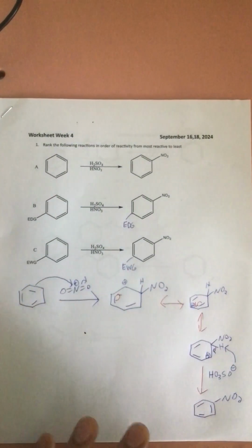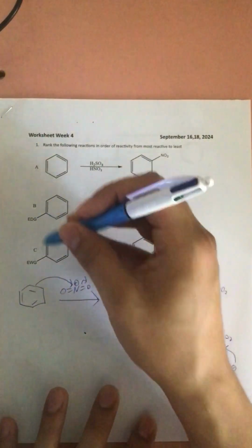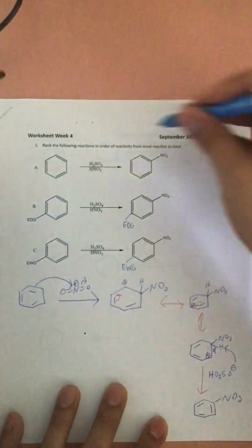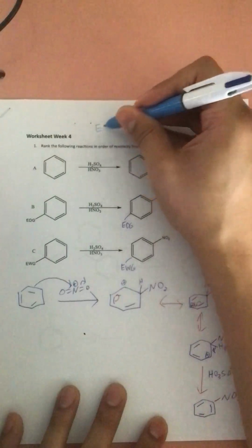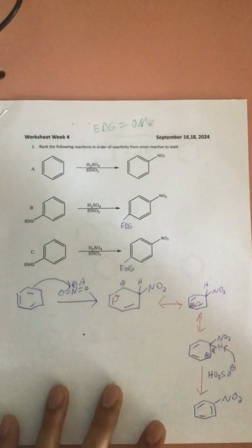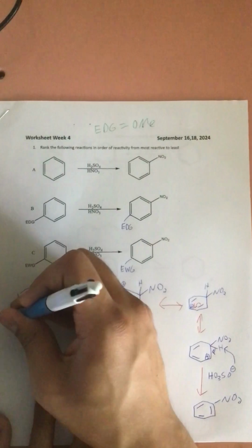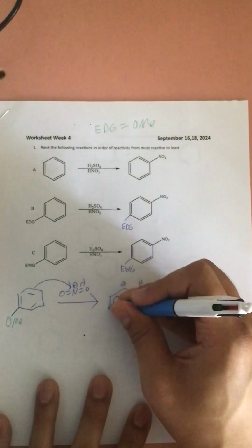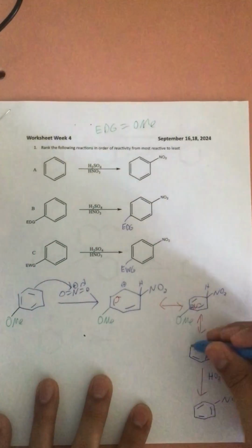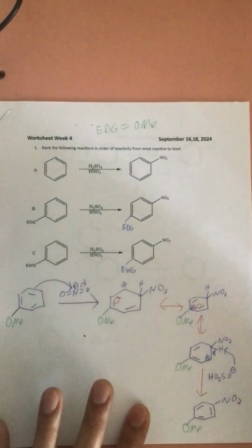Now, if I just say that this is A, right? So for B, if I put an electron donating group, and let's use an example, electron donating group equals methoxy. Methoxy is a great standard electron donating group. I'm drawing in a different color so that I don't have to redraw all the structures.